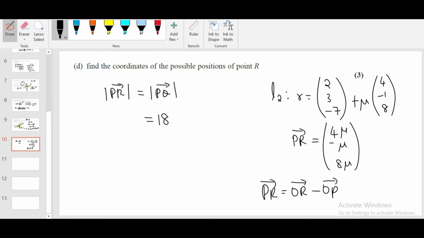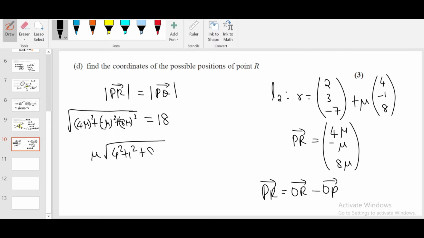The modulus of it is square root of 4 mu square plus mu square plus 8 mu square. You can take mu square as a common factor out. It will come out of the square root as mu. Mu times square root of 4 square plus 1 square plus 8 square is 18.